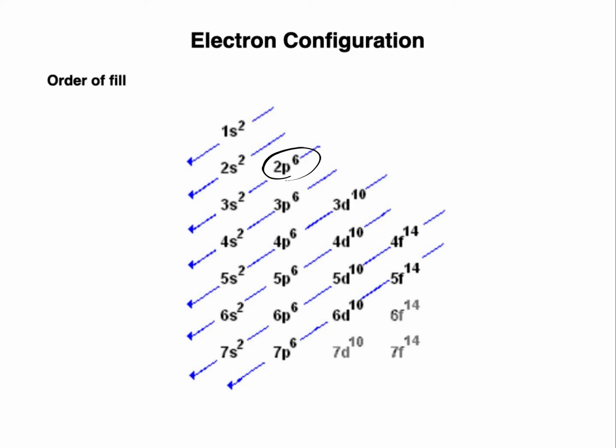The P sublevel holds 3 orbitals, and each orbital can hold a maximum of 2 electrons, according to the Pauli exclusion principle. So, the P sublevel can hold a maximum of 6 electrons. In total, the second energy level can hold a maximum of 8 electrons.